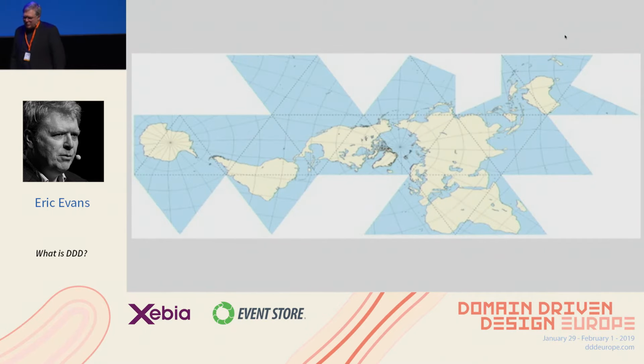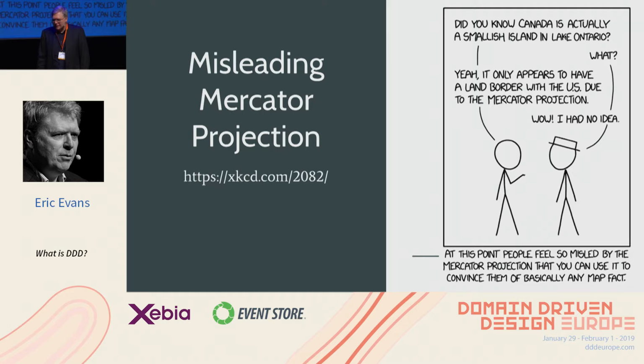Here's a different map of the world. This one shows Africa and Greenland, and oh, I guess they're not quite the same size. In fact, Africa is 14 times bigger than Greenland, but they look the same size on that map. Now, is that because the people who made that map didn't know how big Greenland was? Or perhaps they thought, this is my pet theory that got shot down by this XKCD comic, but my pet theory was that this map was made in the US.